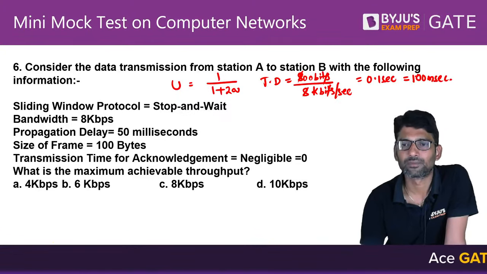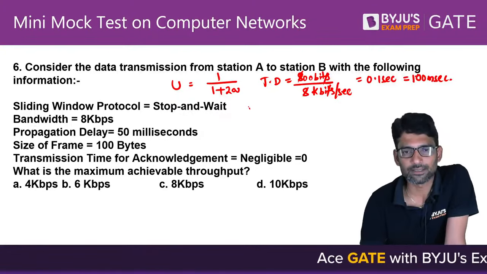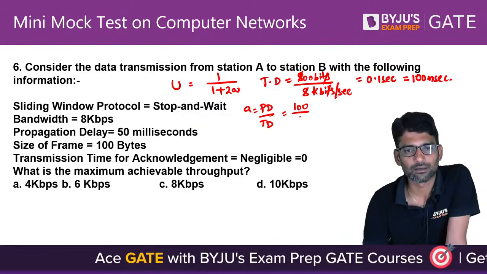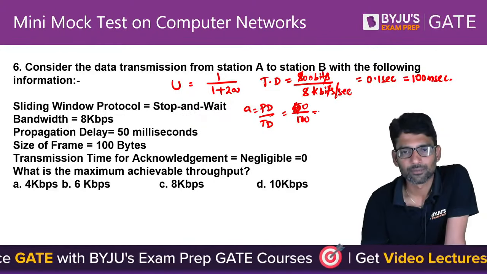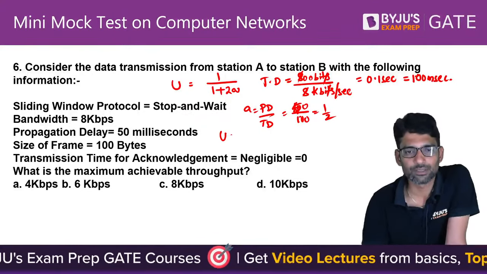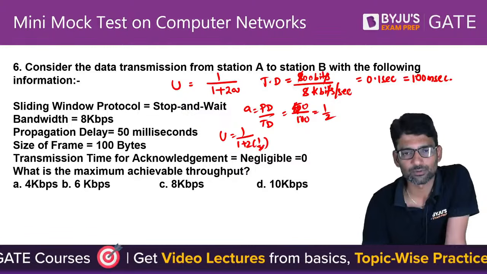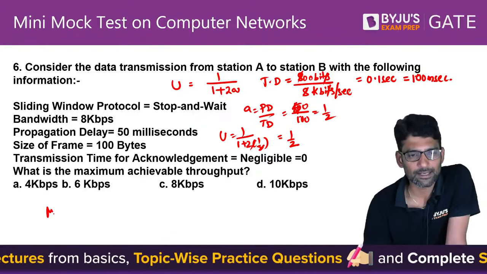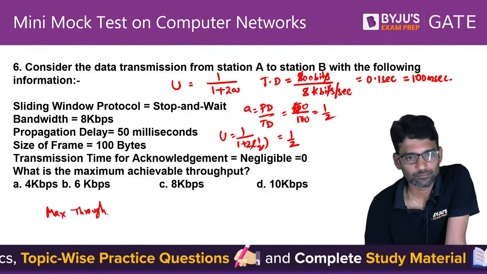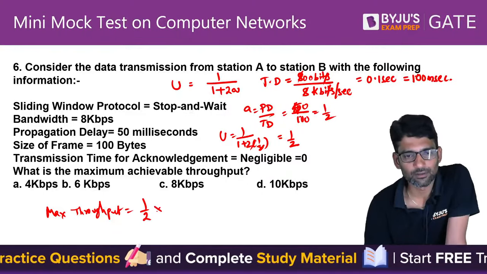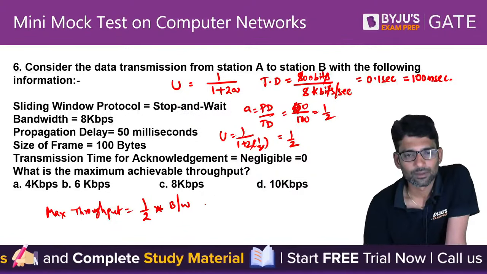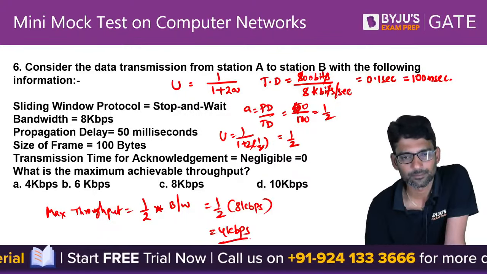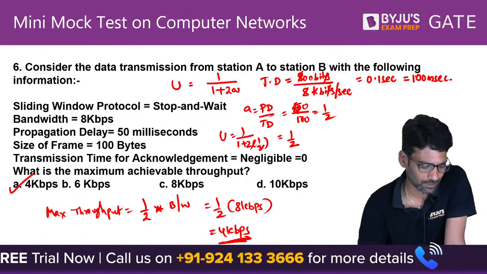Now a is equal to propagation delay by transmission delay, that is 50 by 100, 1 by 2. Now U is equal to 1 by 1 plus 2 into 1 by 2. So this is 1 by 2, 50%. So maximum throughput is utilization multiplied by bandwidth. That is 1 by 2 of 8 kbps, which is 4 kbps. Option A is the right answer.